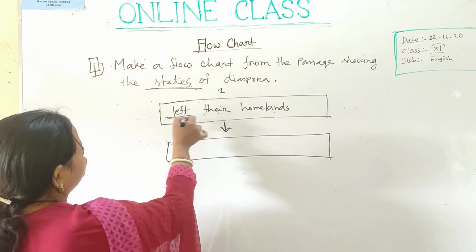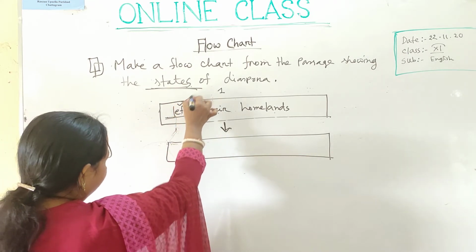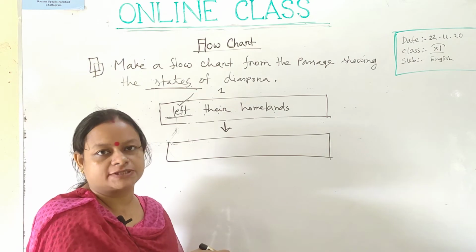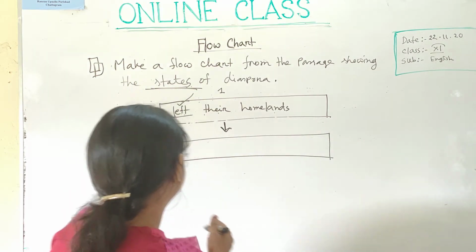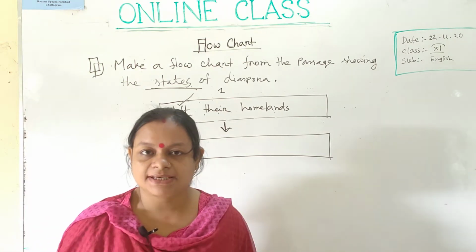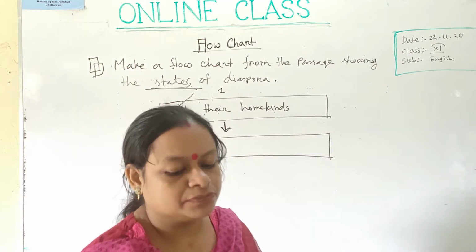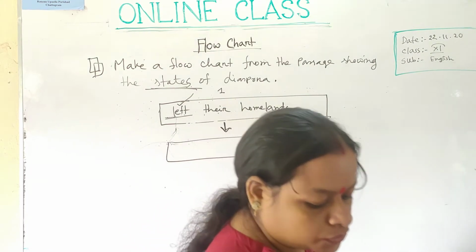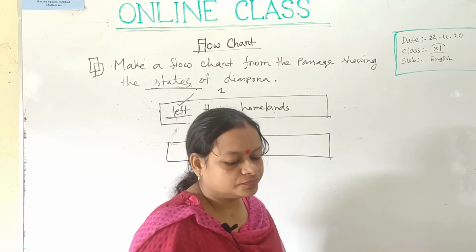So, we have to notice the pattern of the first one and complete the 5 other boxes if it is possible. Left their homelands. If you read the passage again and again, you will find the answers. For time shortage I am not reading the passage again.